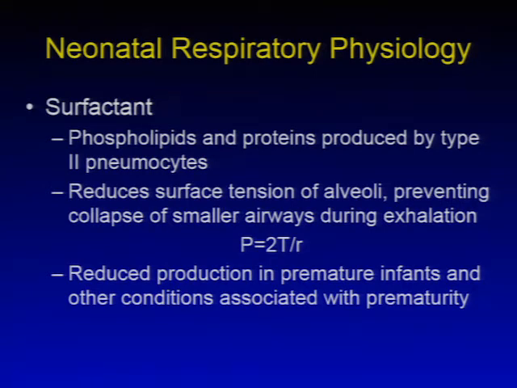Other conditions that reduce surfactant include persistent pulmonary hypertension with severe pulmonary hyperperfusion and hypoxia, severe congenital diaphragmatic hernia, or immature lungs damaged by the ventilator. Meconium aspiration syndrome can also decrease surfactant production, as well as ARDS.